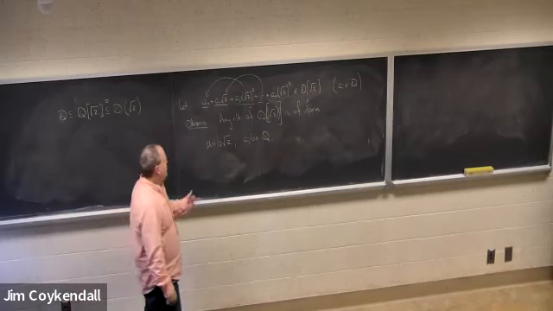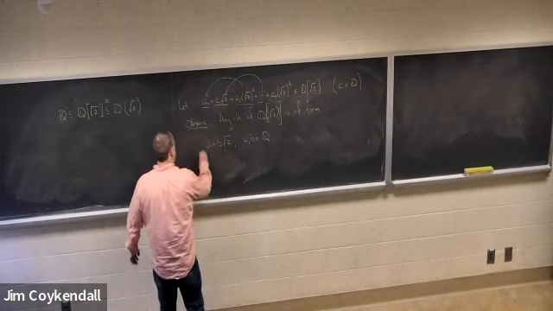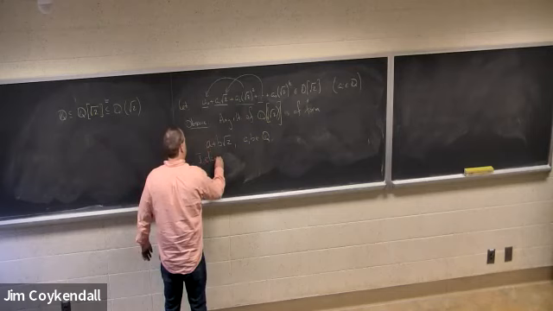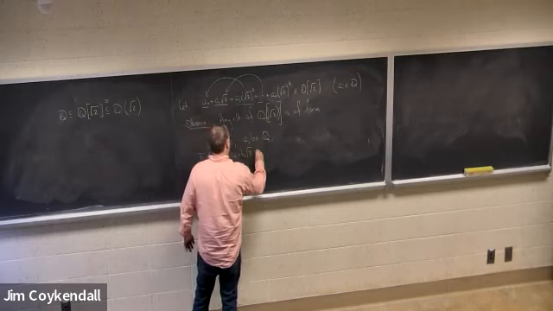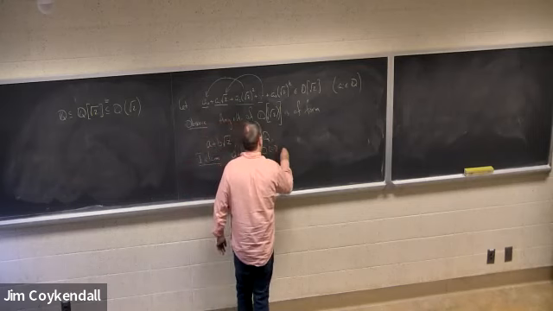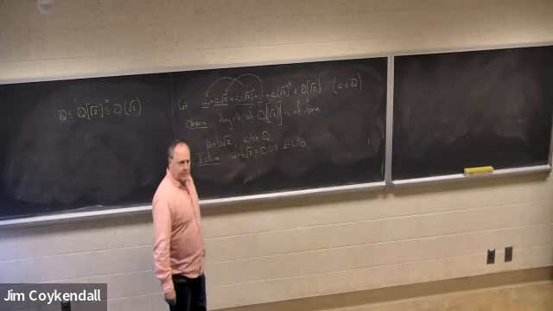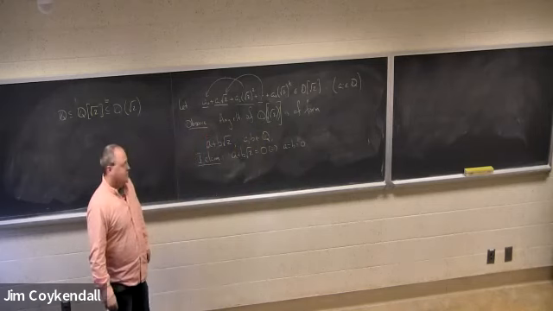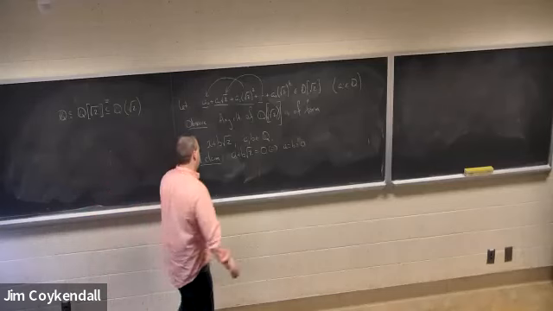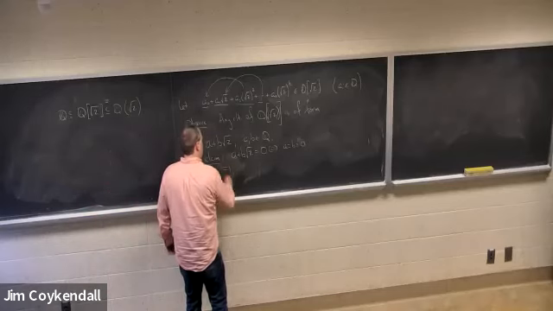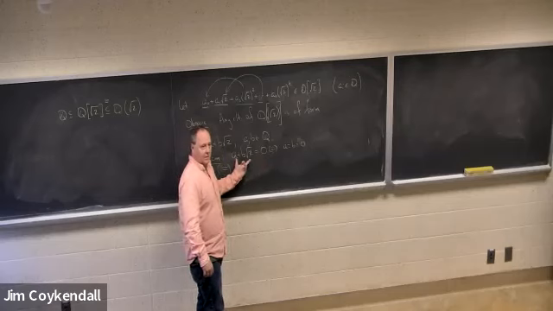Now, let me make a claim here. I claim first that A plus B radical 2 equals 0 if and only if A and B are both 0. This direction is pretty obvious, because if A and B are both 0, then that's clearly 0.